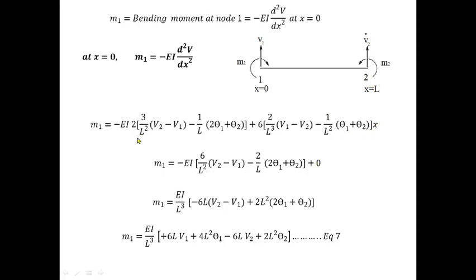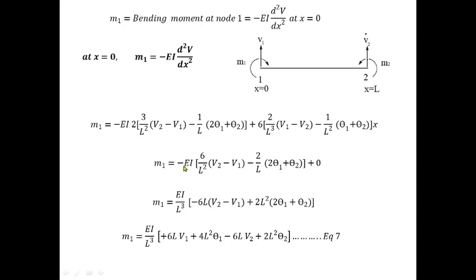So the remaining terms are EI multiplied by 2 inside: 6 by L square (v2 minus v1). Again if you multiply by 2 here, 2 by L, (2 theta 1 plus theta 2) plus 0, because this term is 0. M1 is equal to EI, so I am taking L cube as common outside, EI by L cube.